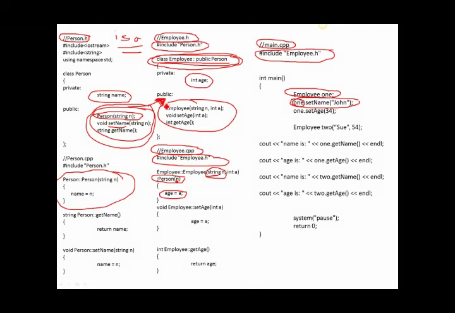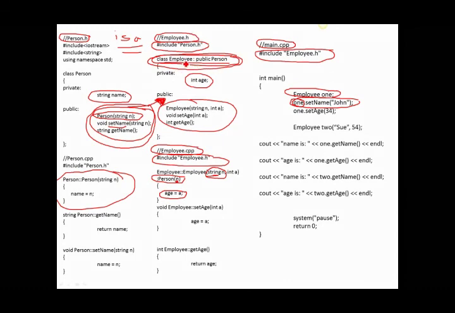Because employee inherits from person, and when it inherits, everything under the public header of person is almost as if it's in the public header of employee. So everything in the public header in the person class is considered at this point as if they are all functions under the public header of the employee class because of this inheritance.